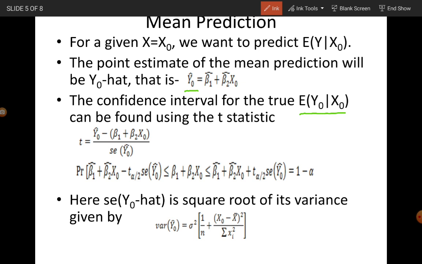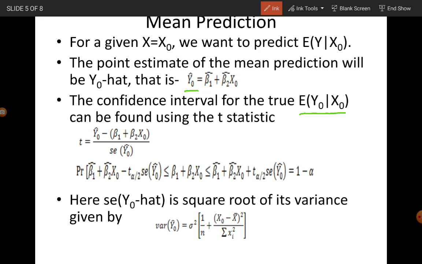In previous classes we discussed how we can have either a point estimate or an interval estimate, so a confidence interval at alpha equal to 5% or 1%, depending on the level you have chosen.